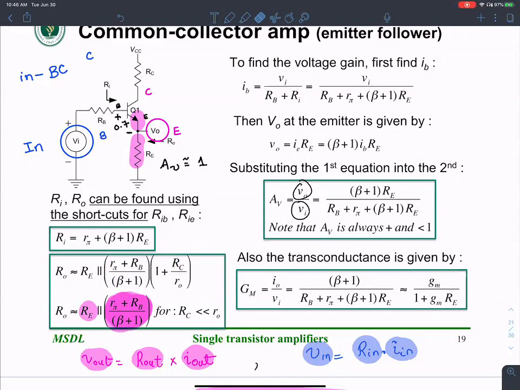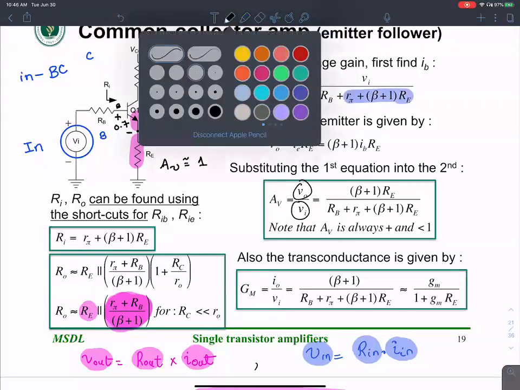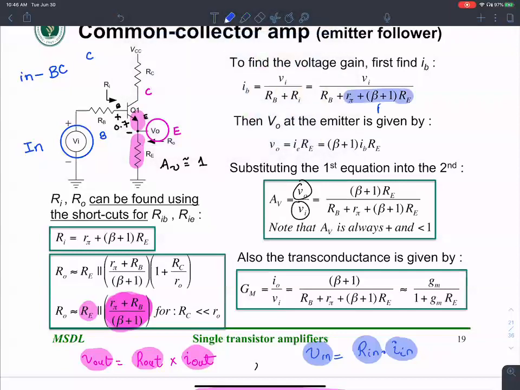So this is your R output because the output is on the emitter. Look at where the input is. Input is on the base, so the R input is RIB plus RB. Remember when the input was on the base, there was RIB, there was RB.